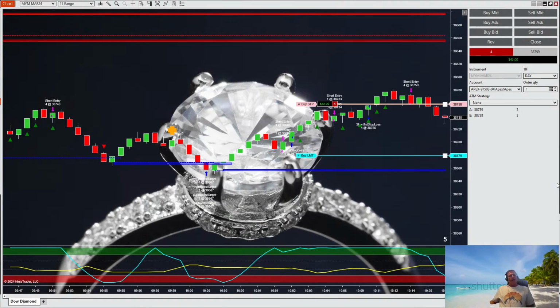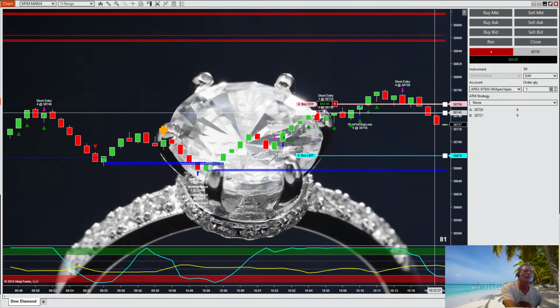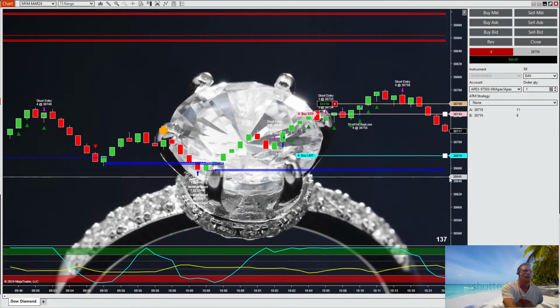This is our Dow Diamond. This is running on the Dow. My chart says 15 range, but I think that the strategy is actually looking at a 10 range, if I'm not mistaken. Order submitted. Order filled.